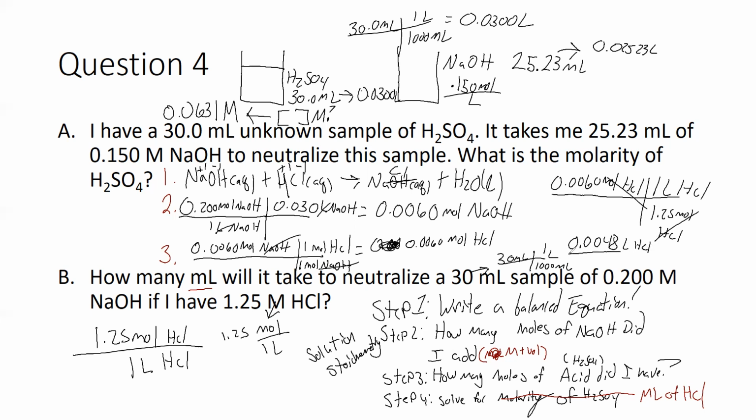And then I just need to convert that into milliliters, because that's what the question's actually asking. For every 1 liter, I have 1,000 milliliters. So I take 0.0048 times 1,000, which is 4.8 milliliters of HCl.